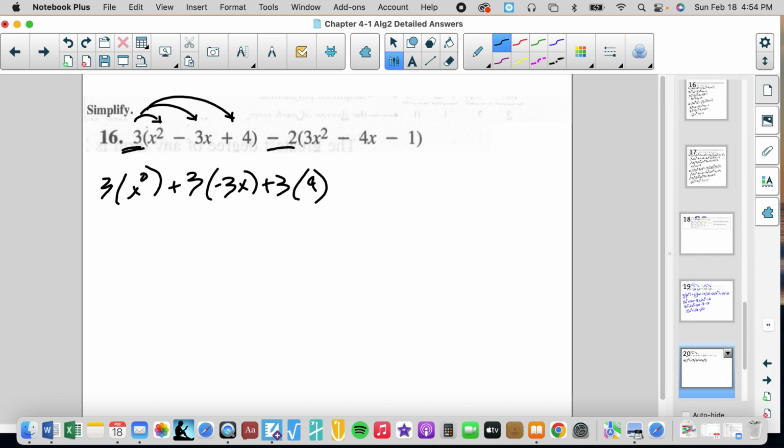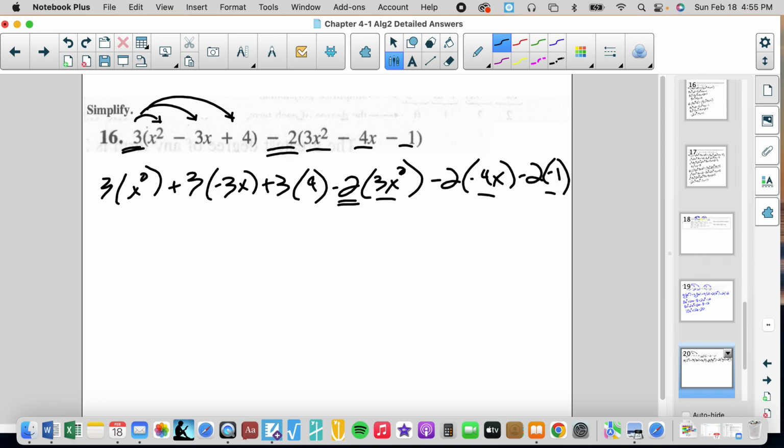And here we're distributing a negative 2 to 3x squared, and a negative 2 to negative 4x, and a negative 2 to negative 1. So 3 terms. We see our 3 terms here, and we see what we're distributing, a negative 2 to each of those 3. So 3x squared minus 9x plus 12 minus 6x squared plus 8x plus 2.